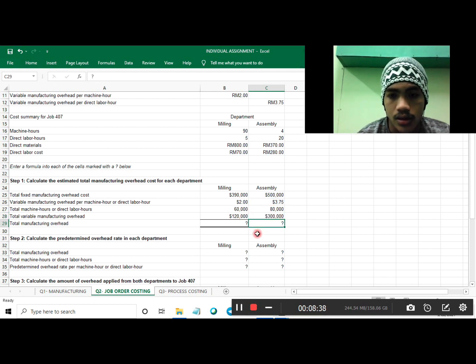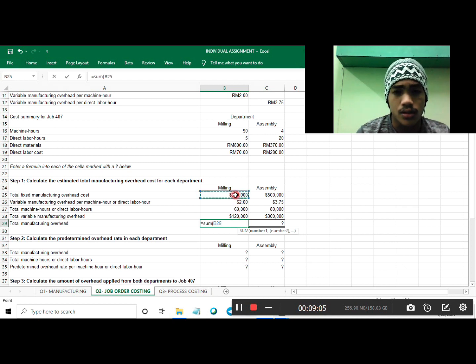So we get 800,000. For total manufacturing overhead, we combine the fixed manufacturing overhead cost and the total variable manufacturing overhead, which using the formula is equal to the sum of 319,000 for fixed manufacturing plus variable overhead 120,000.